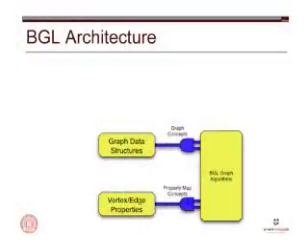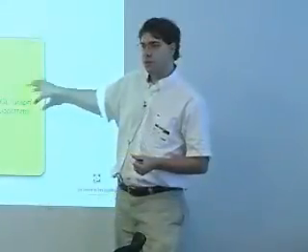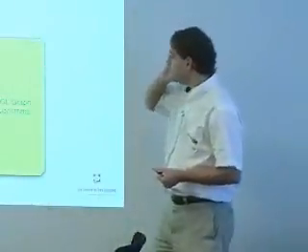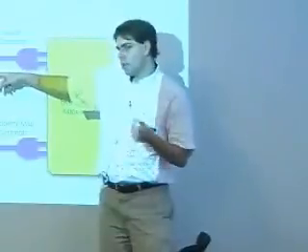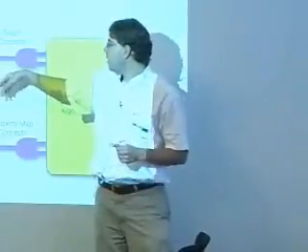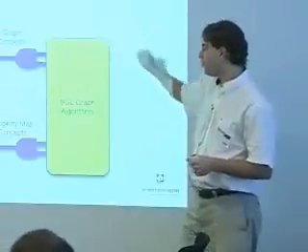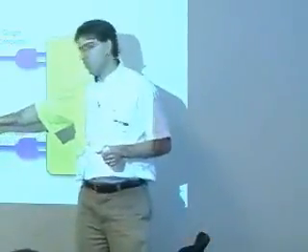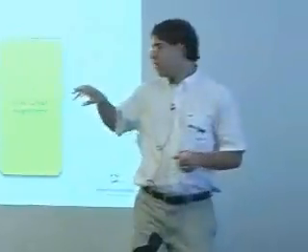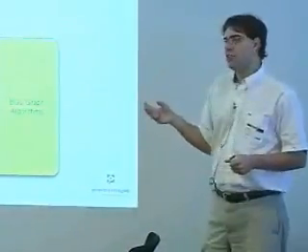With this library, we get this architecture where the algorithms are considered central, and these are generic graph algorithms. And then you take your graph data structures, whatever they are. They don't have to come from the library. Plug them in through a set of graph concepts, which describe the protocol of graphs. And then you take your vertex and edge properties. These are what tell you how the graph applies to your domain.